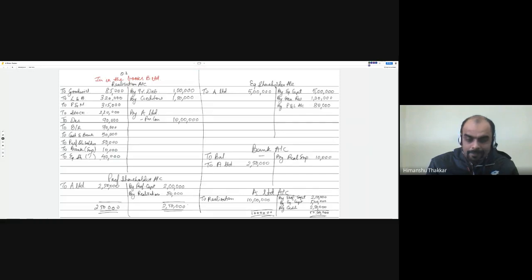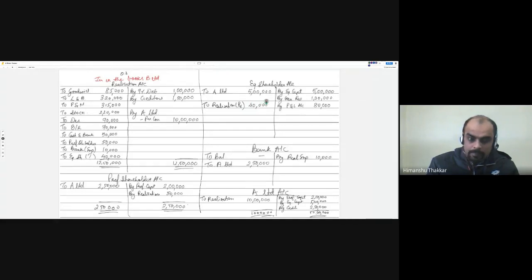Close the realization account. Total will be 12 lakh 50,000. Transfer the profit to equity shareholders, realization profit 40,000.